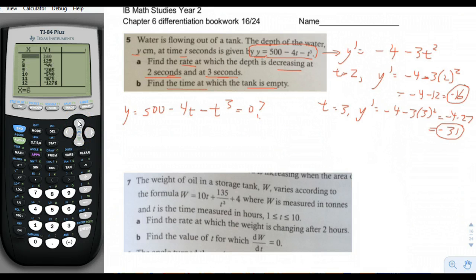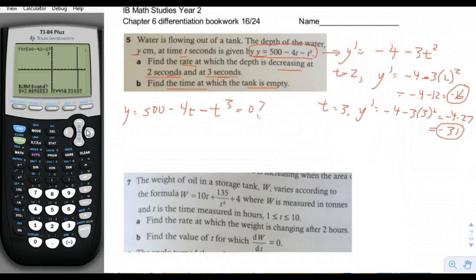Okay, not really easy. So now what we could do is use the zero function. So we could do second calc, where it's like, when is this function equal to 0? Well, we have the zero function. We say left bound. I don't even see where that is. Okay, right bound.